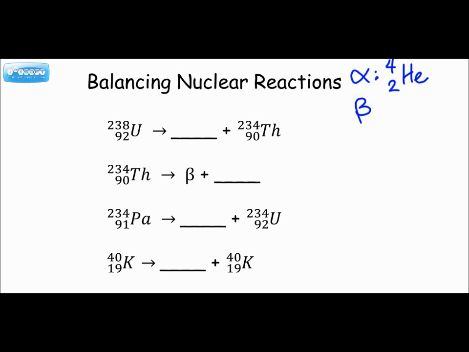Beta decay is the release of an electron, but what happens is a beta particle takes a neutron and creates a proton.